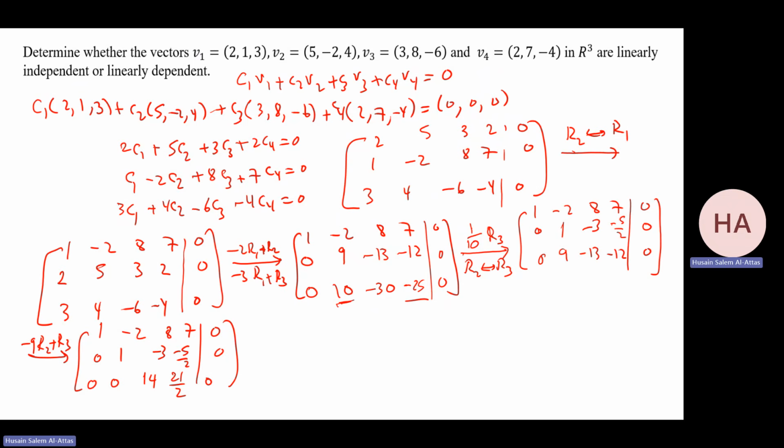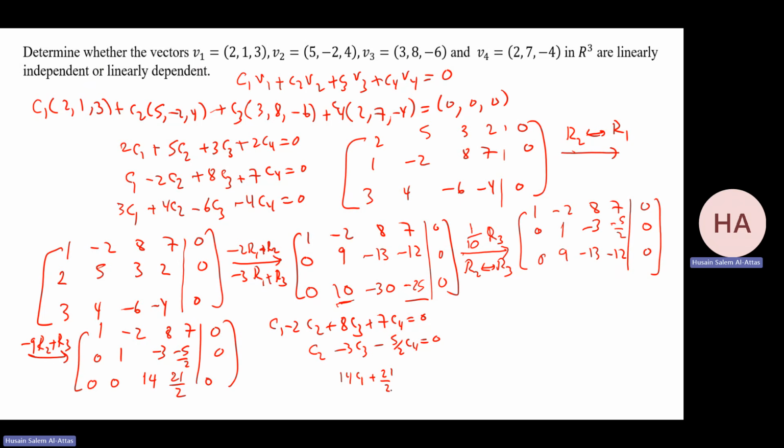So what I will do, I will change it now into equations. So I have C1 minus 2C2 plus 8C3 plus 7C4 is equal to 0. C2 minus 3C3 minus 5 over 2 C4 is equal to 0. You can solve it in different ways, but this is the way I think is better.